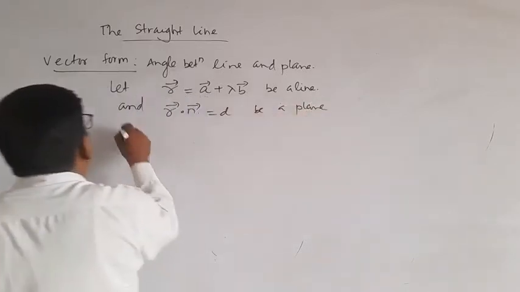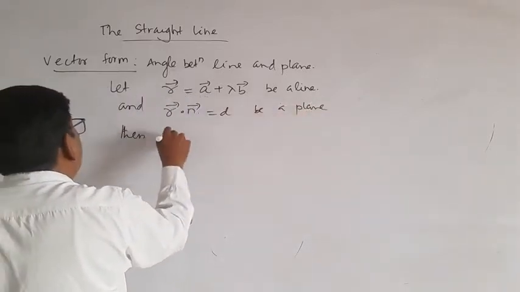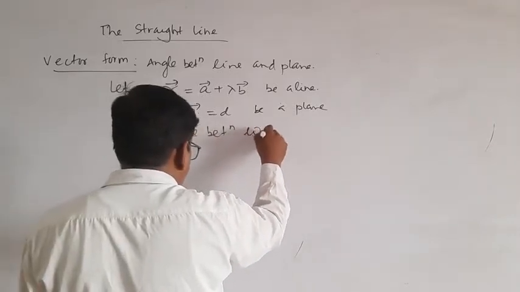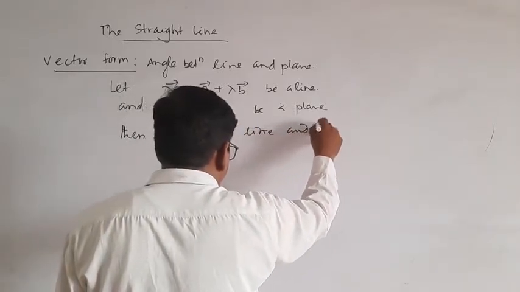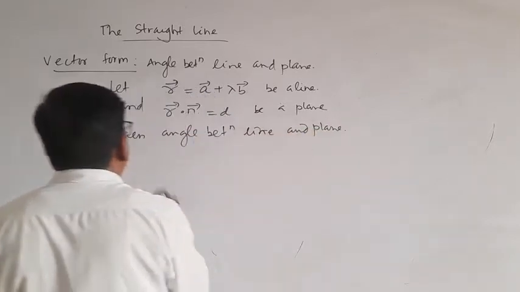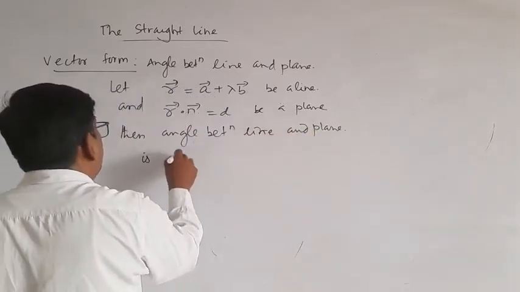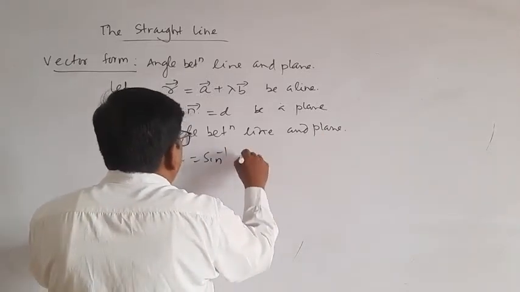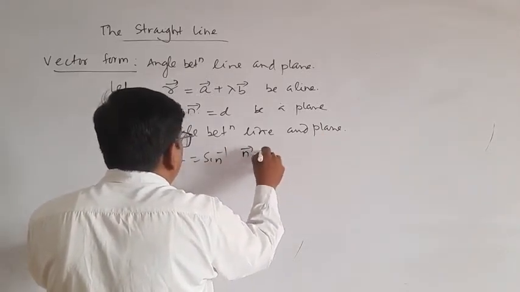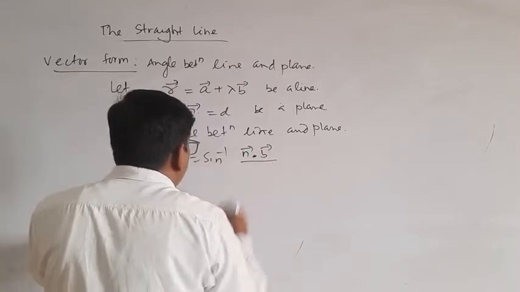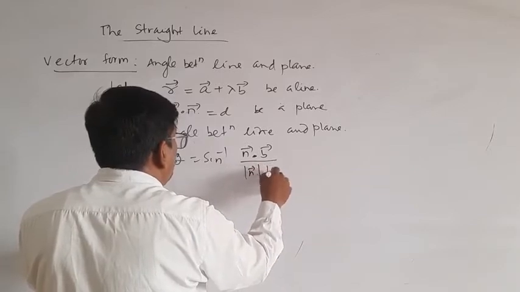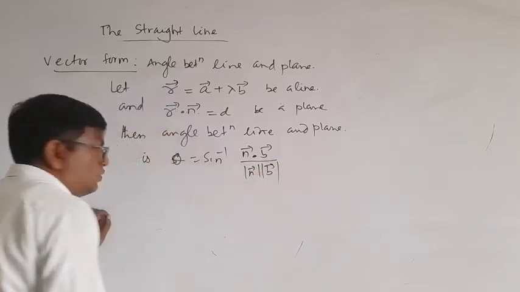Then the angle between the line and plane is theta is equal to sin inverse of n vector dot b vector divided by magnitude of n vector into magnitude of b vector.